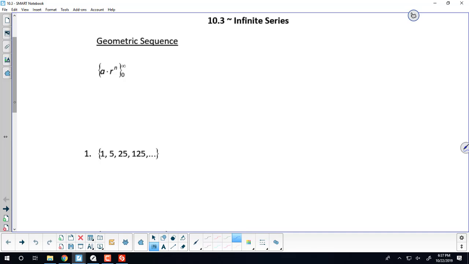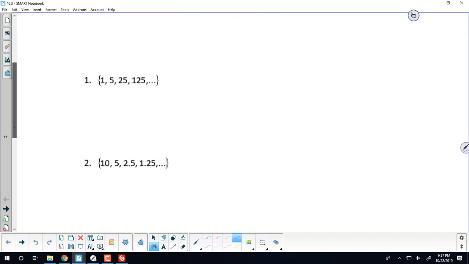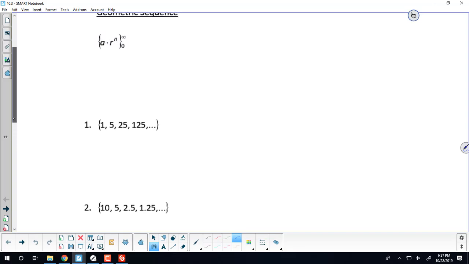So your textbook really just starts out with the geometric series itself, but let's look at the geometric sequence, because we did say something specific about the geometric sequence. If the common ratio was something in particular, then we had convergence. If it was anything but that, then the sequence, the list of numbers, also would diverge.